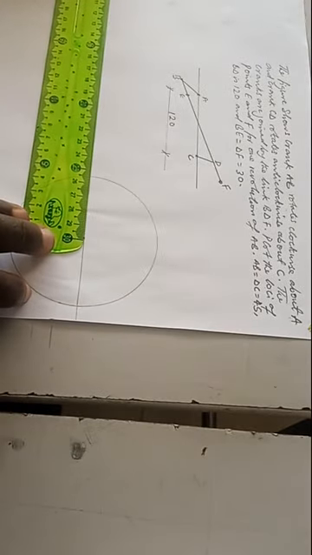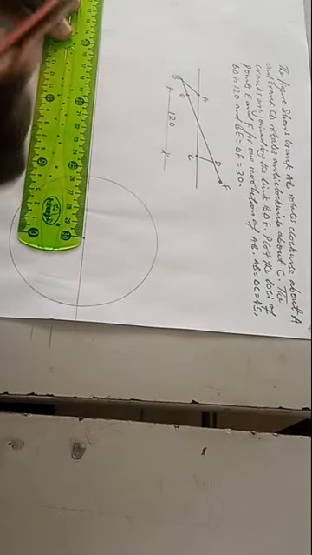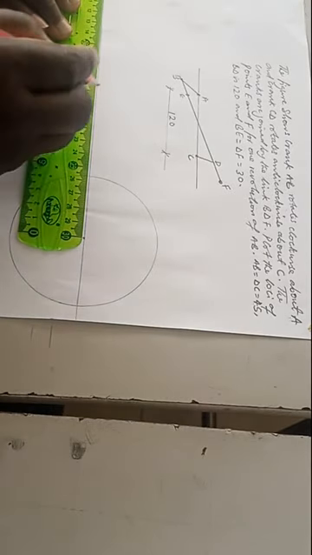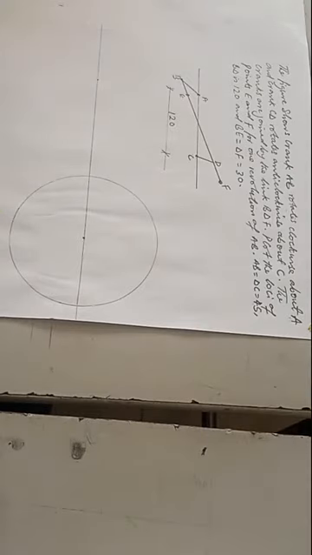So let us measure 120. This is 120 here. So we can now draw with the same radius of 45 the other circle for the second crank.